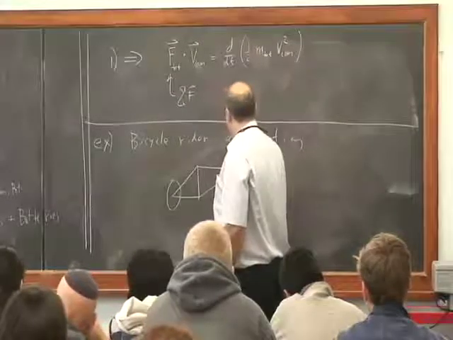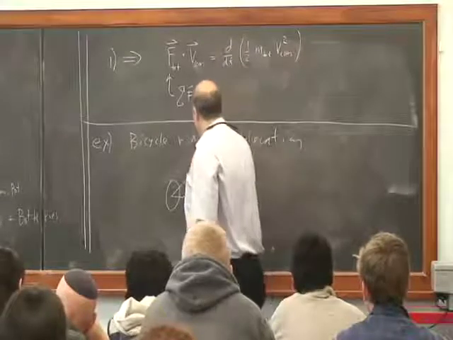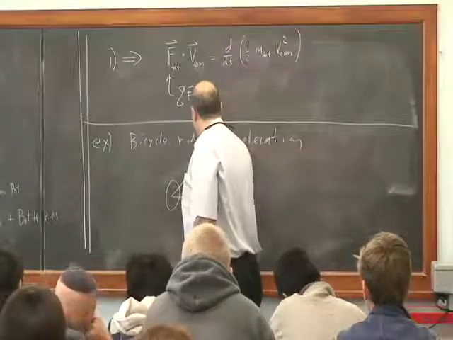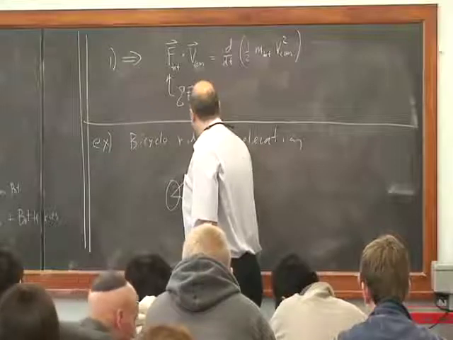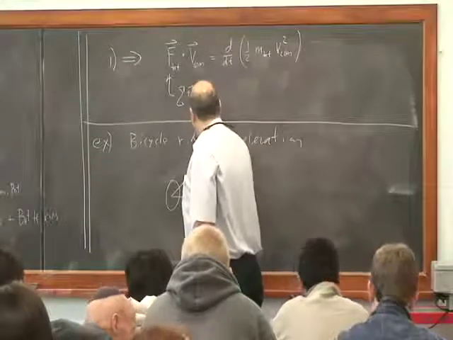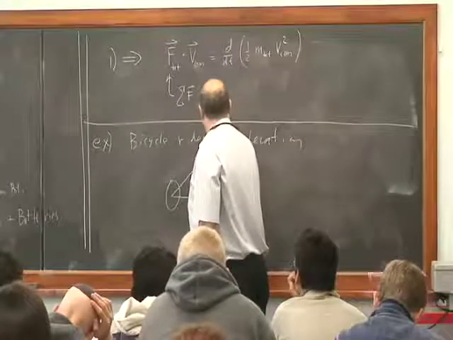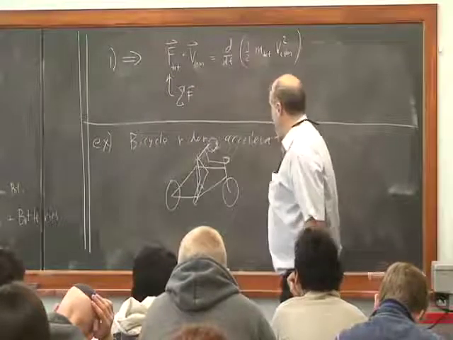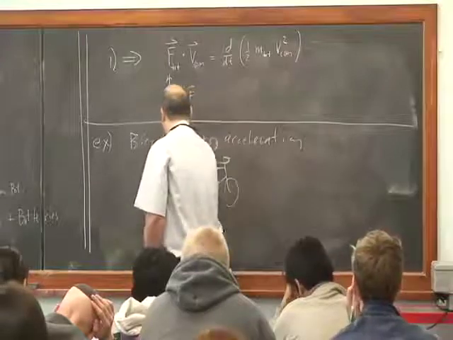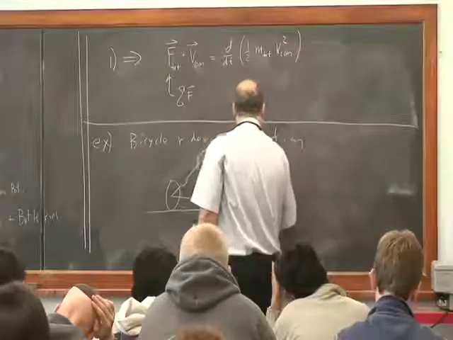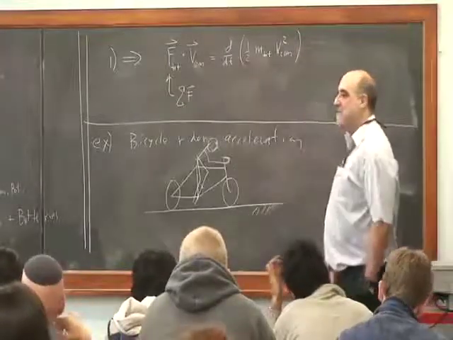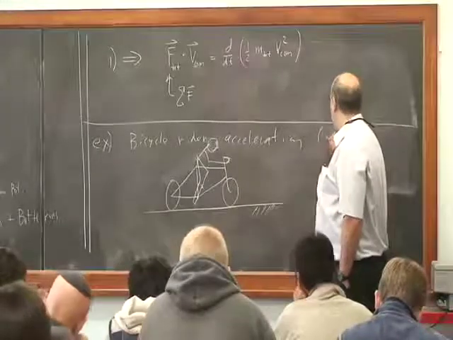In the old days, we used to have handlebars that curved around like that. There's a seat like that. Person's out there like that with their legs like that. Okay, so there's the bicycle rider on the ground. And let's, just to make it simple, let's neglect air friction.